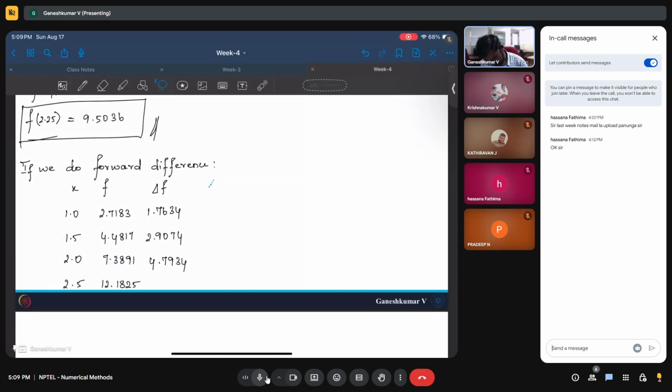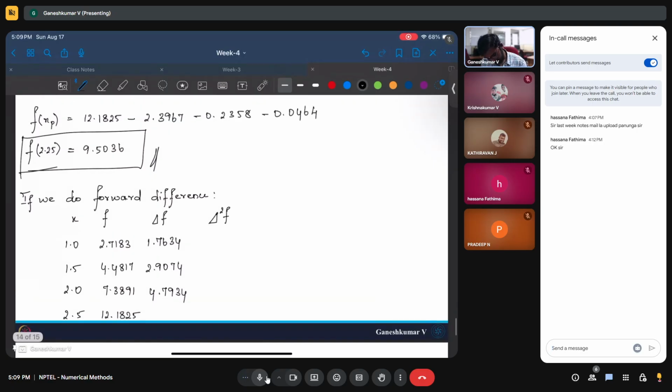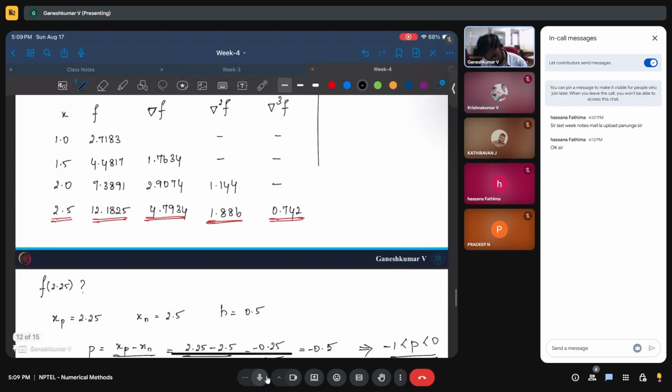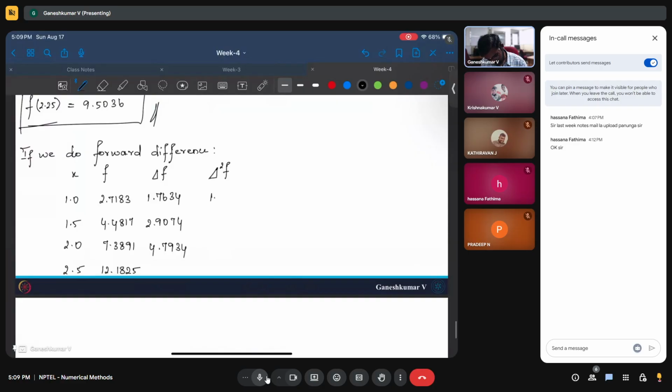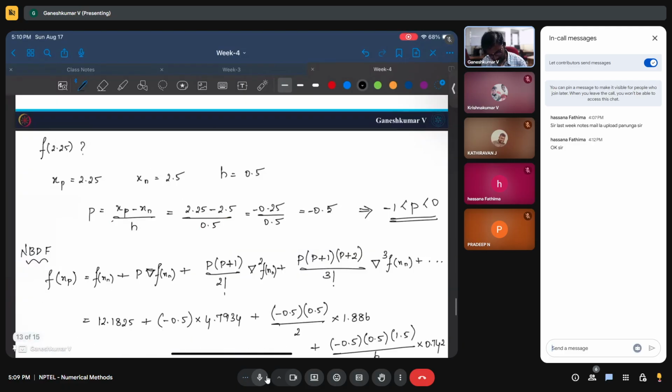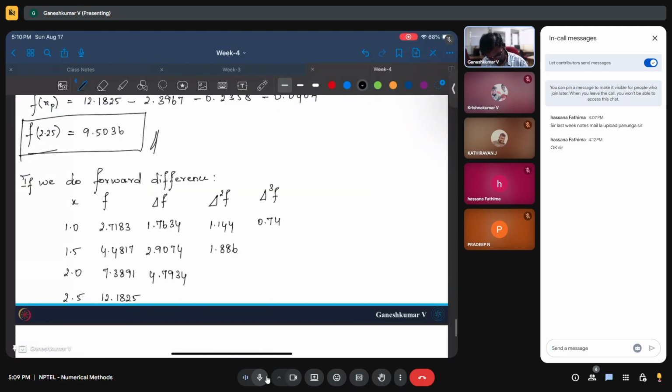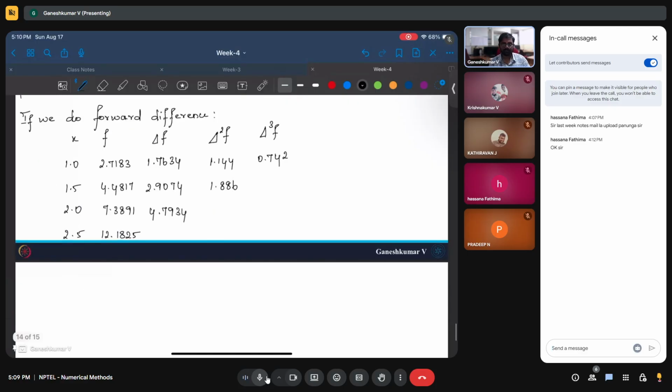This is going to be here, and then del square f is going to be 1.144, 1.886, and del cube f is going to be 0.742, right? Okay, this is how your forward difference will be there, and for this you will have to choose 2, and if you choose 2 you are only left with these 2.